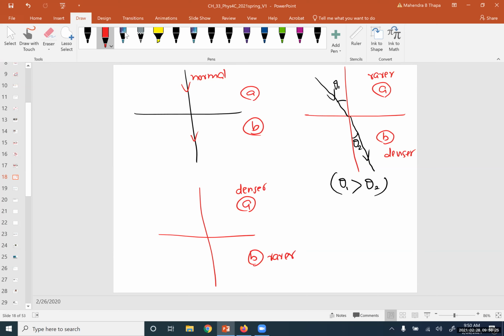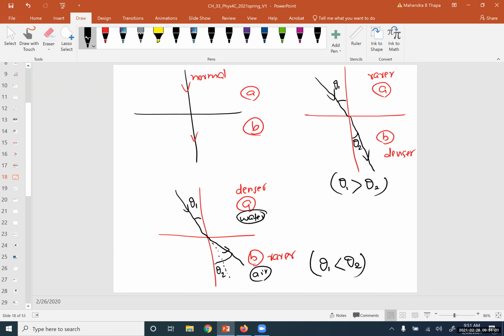For example, you can consider this as water, and this as air. In this case, if the light ray enters from the denser medium to the rarer medium, instead of bending towards the normal, it bends away from the normal. In this scenario, the angle of incidence is theta 1 and the angle of refraction is theta 2, and you see that theta 1 is less than theta 2.